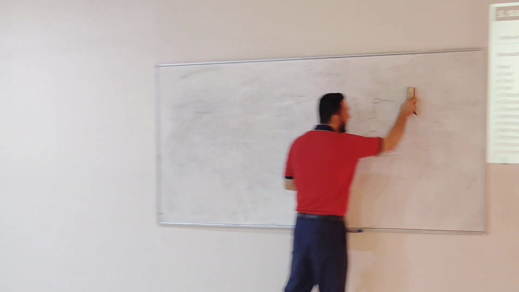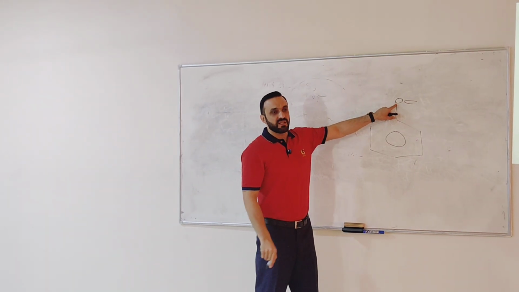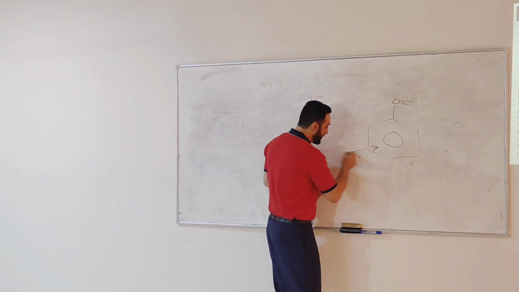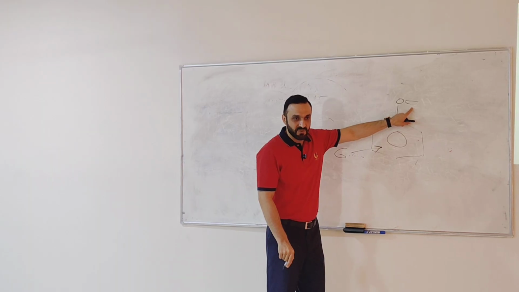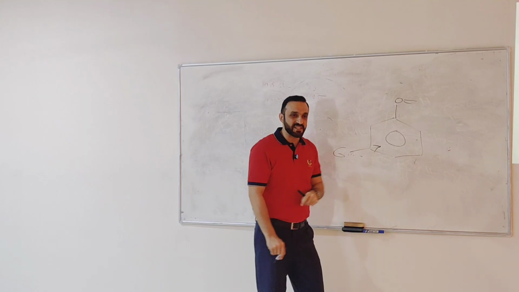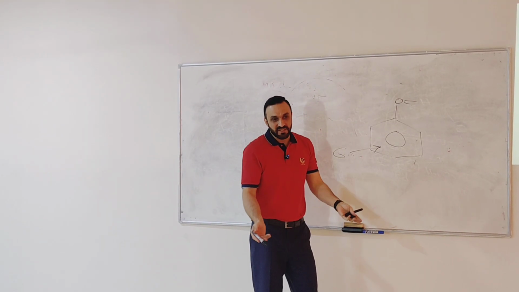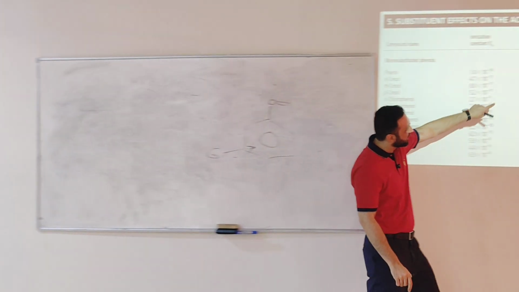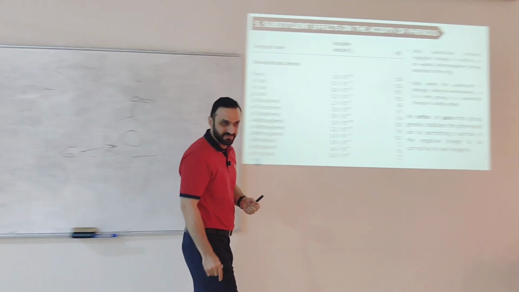This is our conjugate base, with a minus on the oxygen and electron density on the oxygen. So if you have a donating group, that means it will increase the electron density on the oxygen. Increasing the electron density makes it less stable. That means it will be a weaker acid. For this reason, look, this number is higher than 10, يعني a weaker acid than phenol itself.